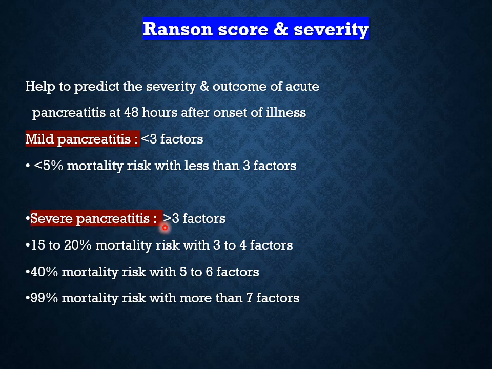Severe pancreatitis, when more than 3 factors are positive within the 48 hours. If it is 3 to 4 factors, mortality risk comes to about 15 to 20%. 5 to 6 factors positive, mortality comes to 48%. If 7 or more factors are positive, mortality can rise to more than 99%.